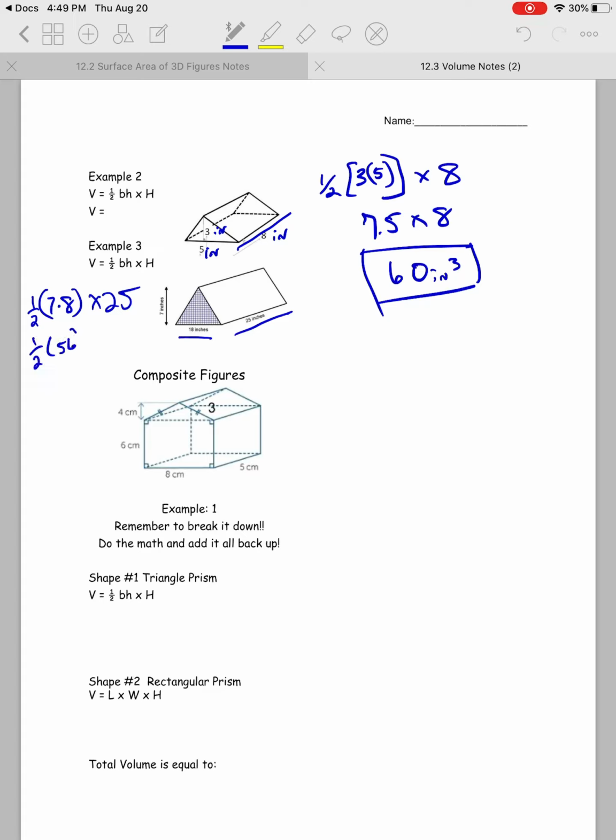So you have 1/2 times 56 times 25. And then 56 times 1/2 or divided by 2 gives you 28. And then 28 times 25 will equal 700. So this one is 700 inches cubed.